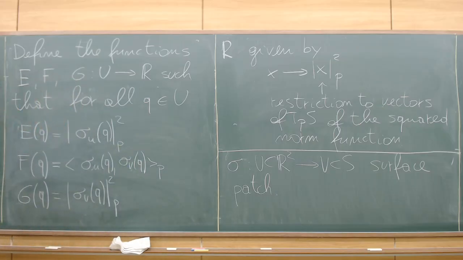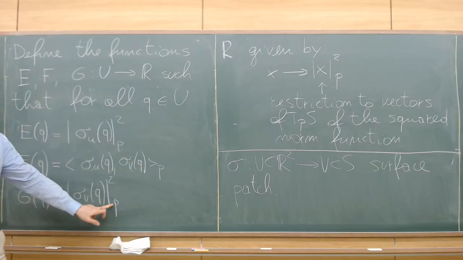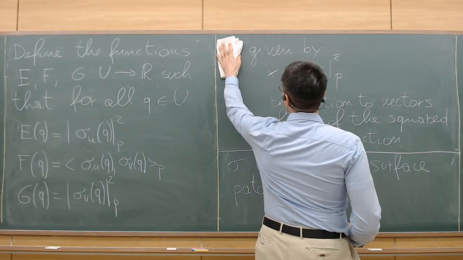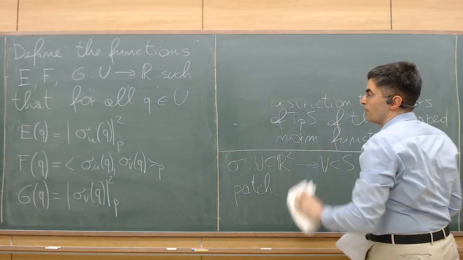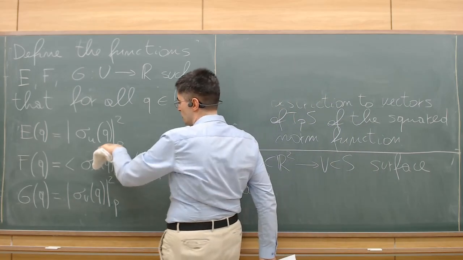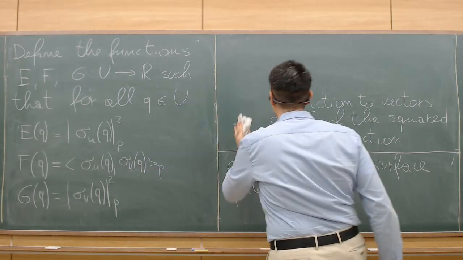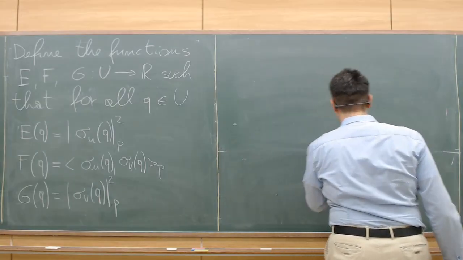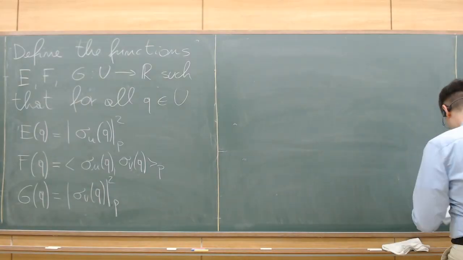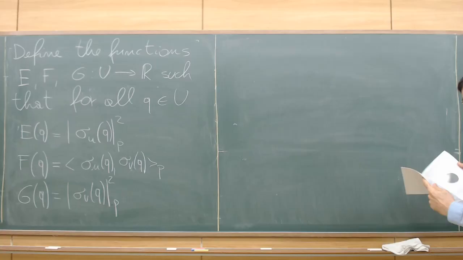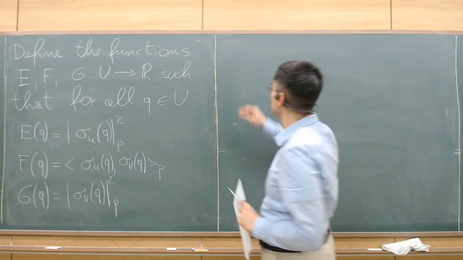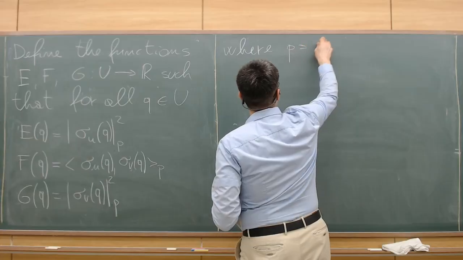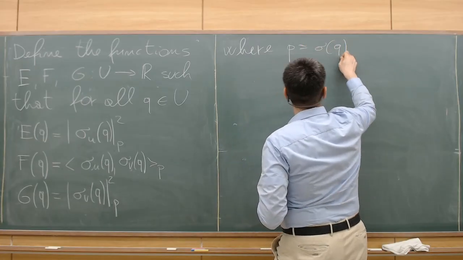As before, the index P means that we are considering the restriction of the square norm function and of the inner product to vectors of TPS. And of course here P is sigma Q.